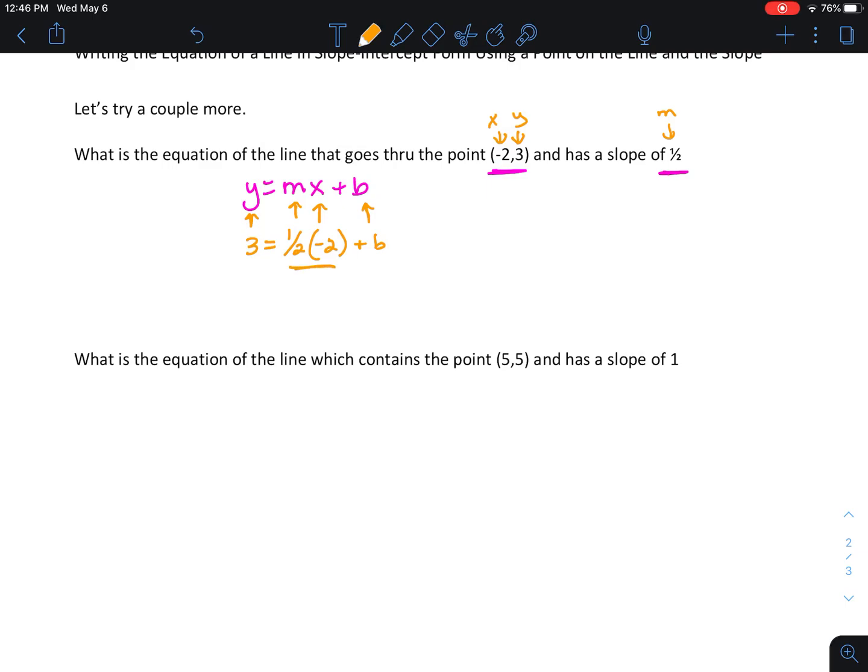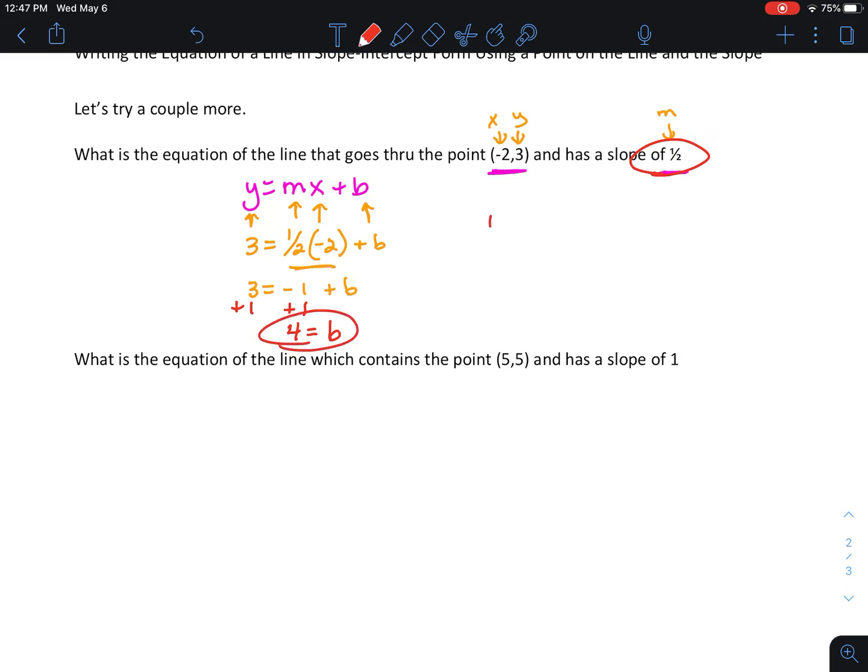Now we're going to multiply the m and the x together. 1/2 times -2 is -1. So -1 plus b is equal to 3. And now we're going to undo the -1 with a +1, and we're going to get 4 is equal to b. So we have the slope, we have the y-intercept.